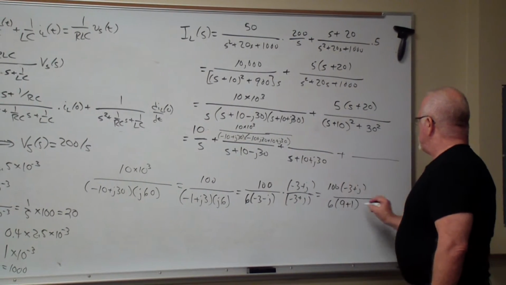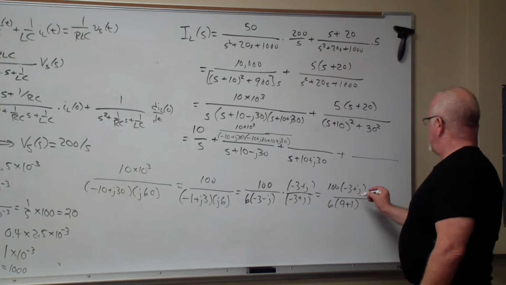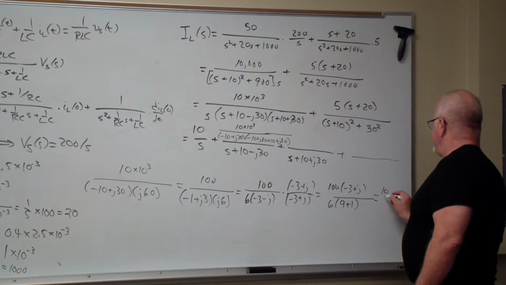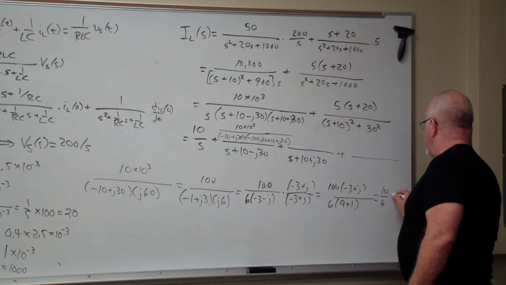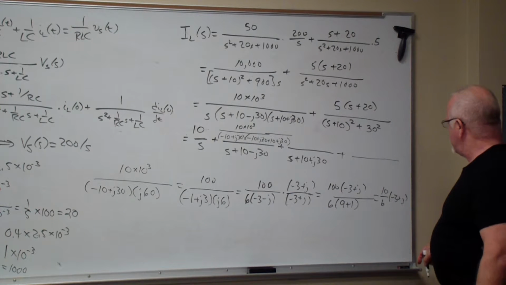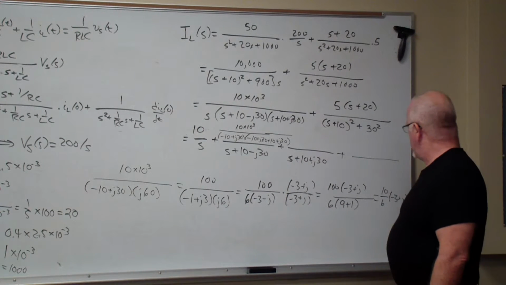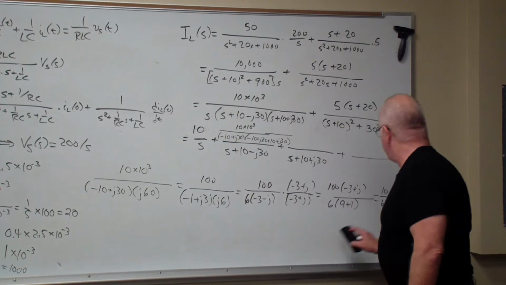So 10 goes into 100 10 times, and then I can leave the 6 there and have minus 3 plus J. I could have minus a half plus a 6, J. 10 over 6 is the same thing as 5/3.